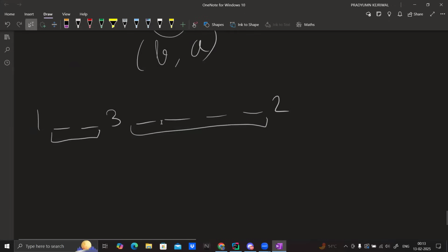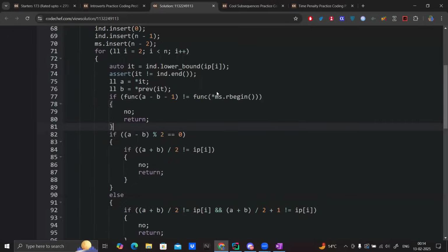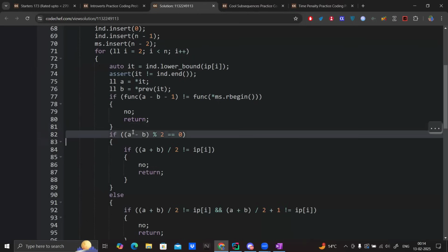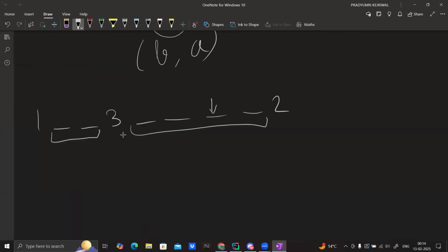It is possible for him to sit in the center of that segment and maximize the distance. So if I reach this line, then he is on the correct segment. But now I need to verify that he is at the center. I haven't checked that yet, so now I'll check whether he is at the center or not.